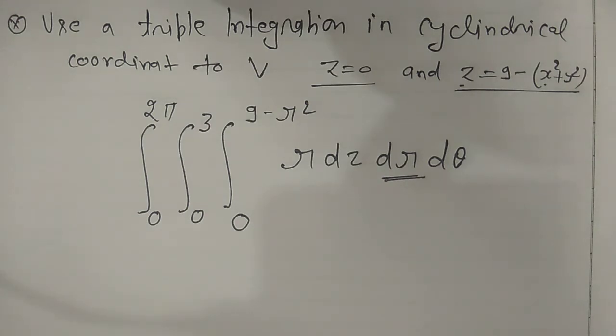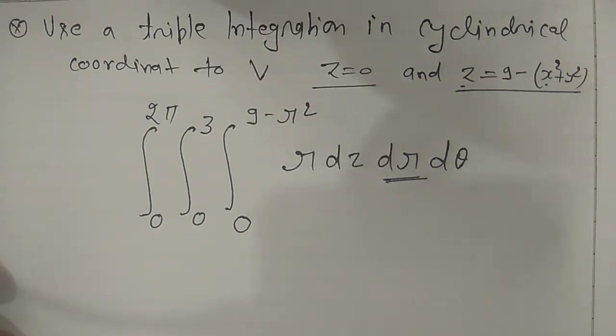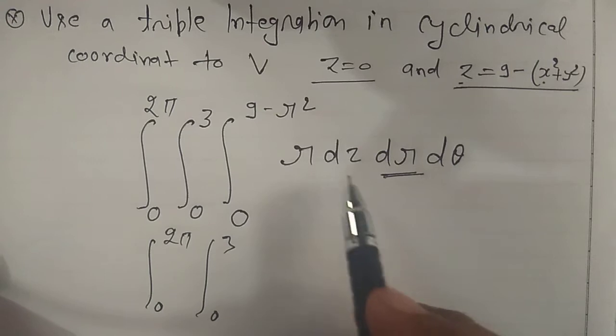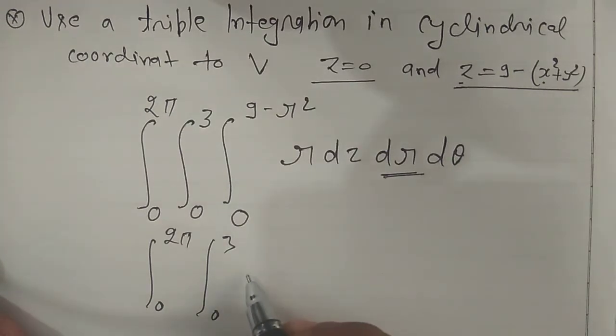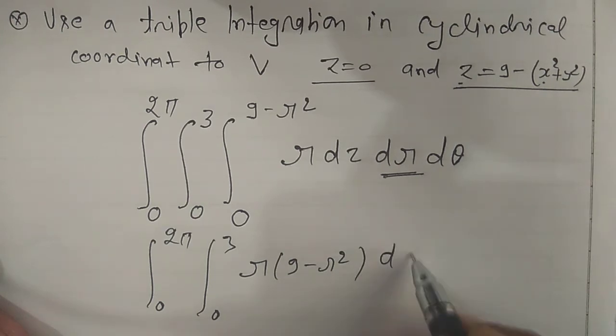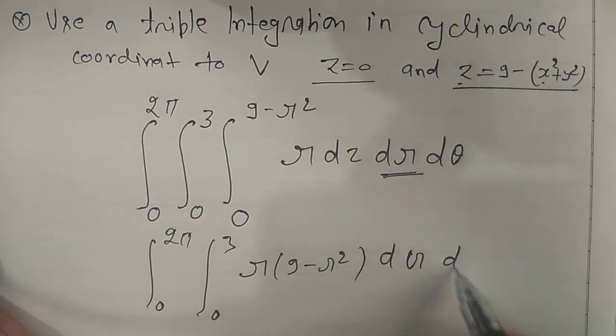Now if you integrate, we get integral 0 to 2 pi, integral 0 to 3, and dz gives z, so that is r into (9 minus r square) dr and d theta.